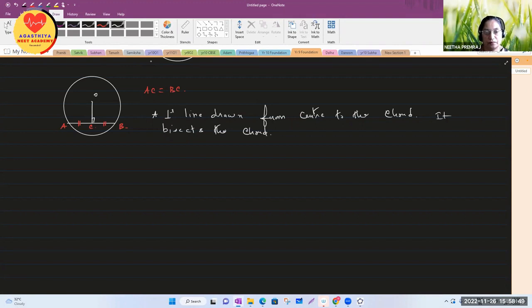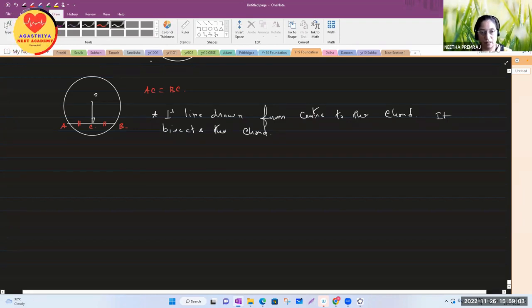Guys, see, a bisector is a line which bisects another line into equal halves. Or else a perpendicular bisector means it cuts another line into equal halves, and the angle between the lines is 90 degrees.